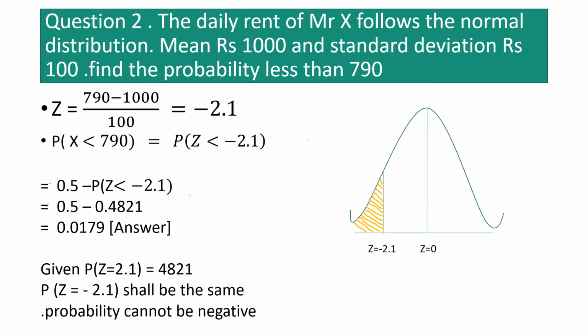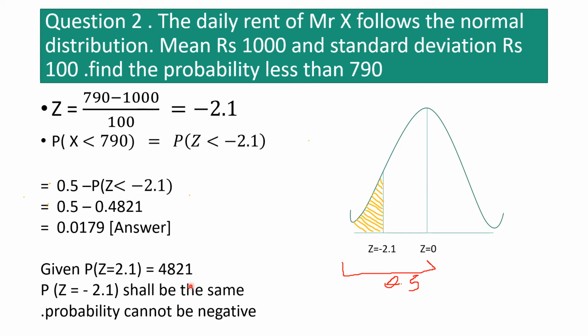As I told you, this region probability is 0.5. This area is 0.5. So what you will do is take this 0.5 minus the probability of Z less than minus 2.1.